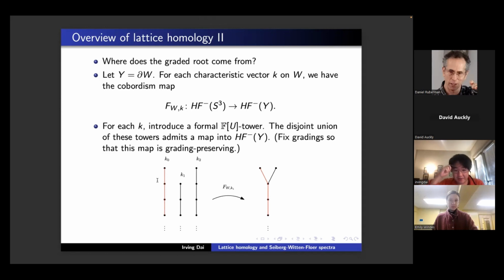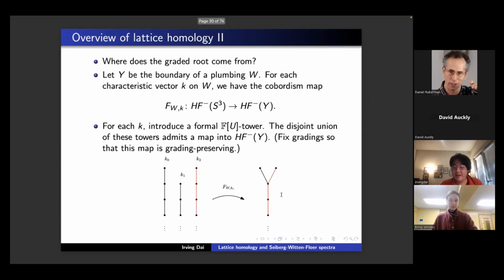Maybe this tower on the left, which formally corresponds to some characteristic vector K0, is embedded as I've drawn here, as this red infinite chain on the right. Maybe the tower corresponding to K1 is embedded as indicated in this picture, and the tower corresponding to K2 is embedded as this other infinite chain of reds on the right.